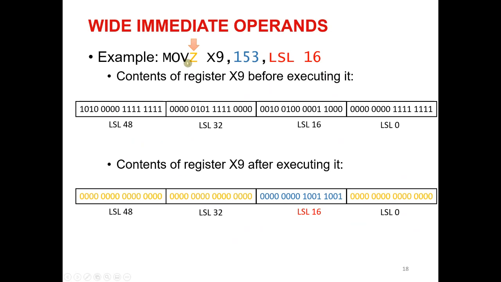Why? Because we are using the movz, which sets to 0 all the quadrants we are not modifying. And for the quadrant we are modifying, the first quadrant, we have the value 153, but in binary. Okay, makes sense?